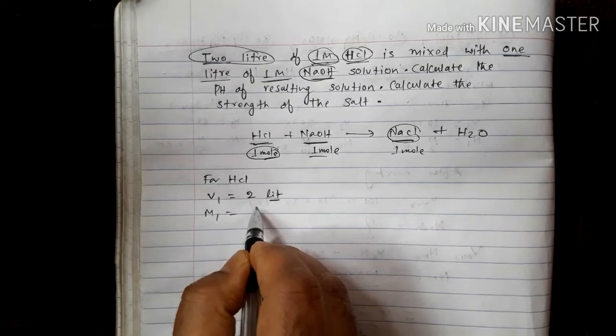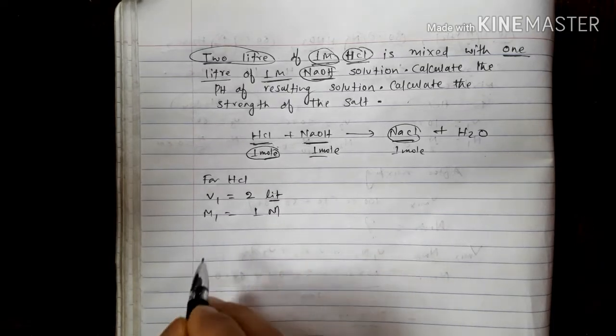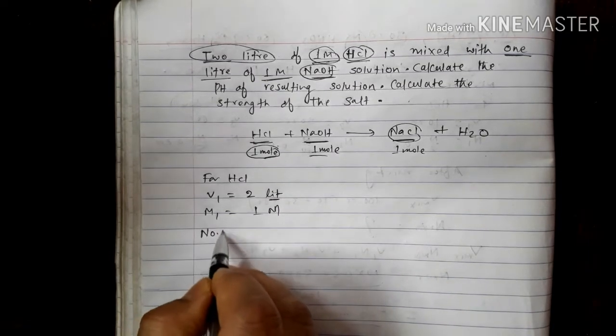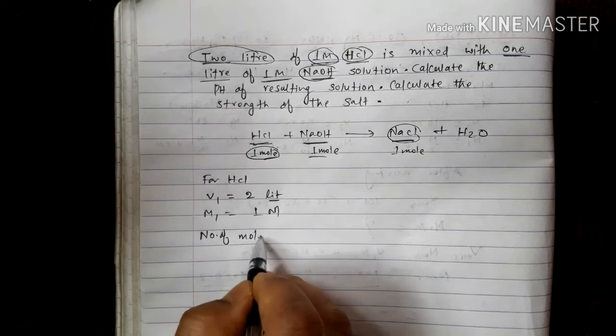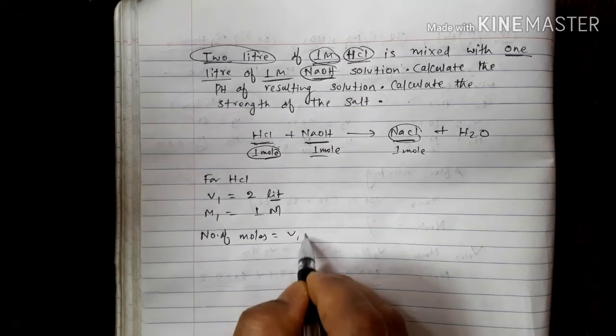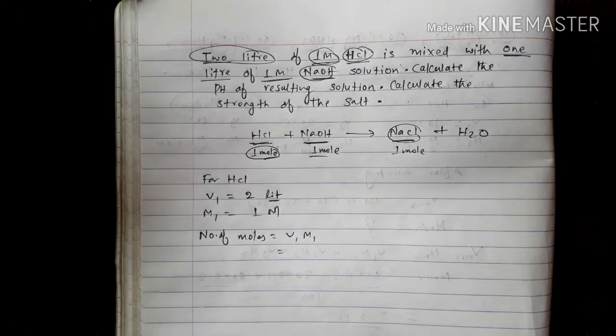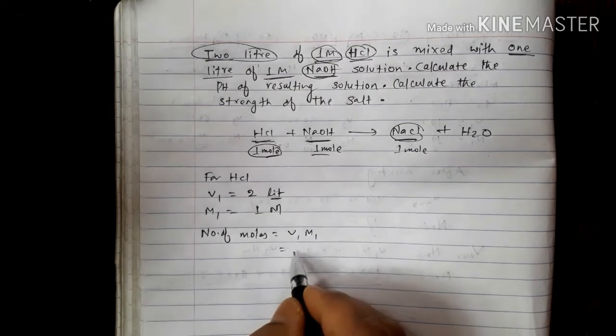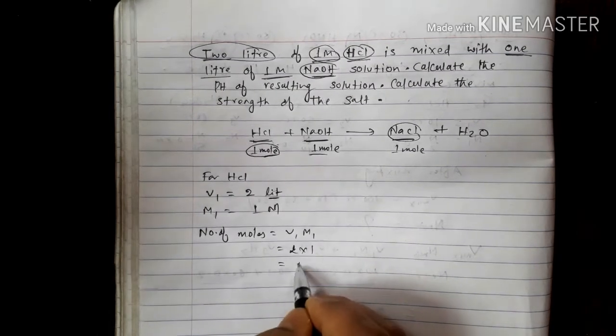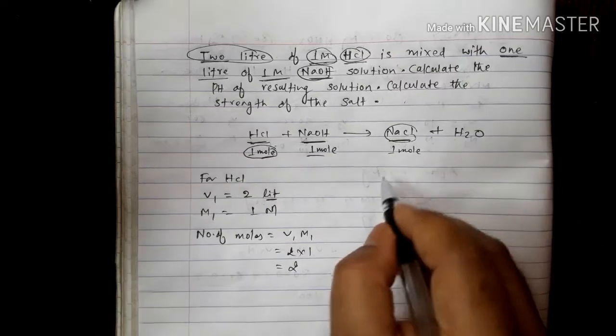Molarity M1 is 1 molar. Therefore, number of moles of HCl is V1 into M1. Volume in liter and molarity when multiplied, you will get the number of moles. Volume is 2 and molarity is 1. Number of moles of HCl is 2.